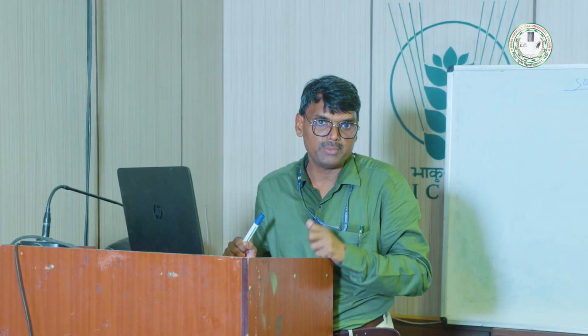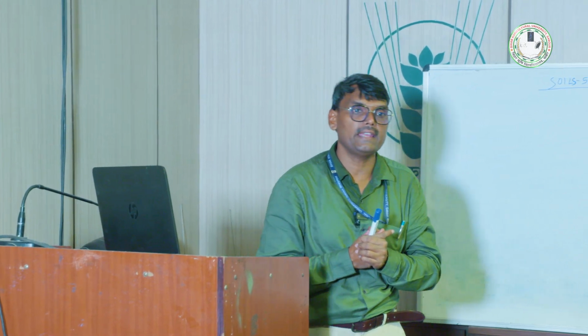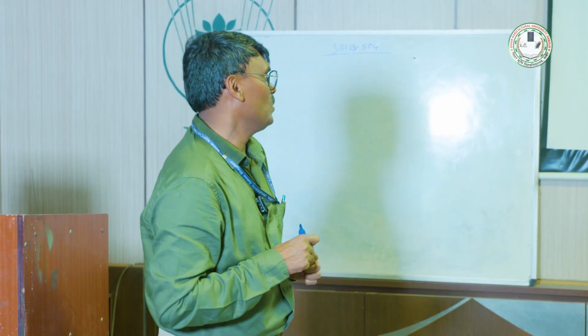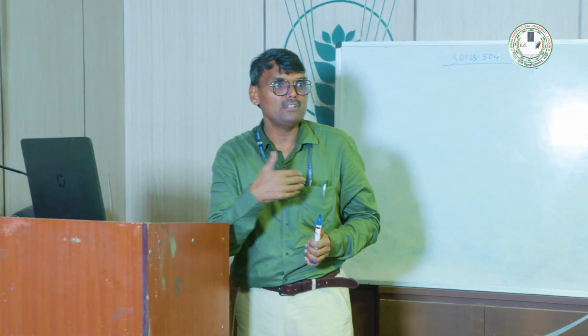Here electromagnetic radiation, electromagnetic spectrum or wavelength interval, bands, spectral signature, data interpretation, resolution, pixel size and scale. These terms are associated with digital image processing, right? So further we will be able to understand what actually it is considered.